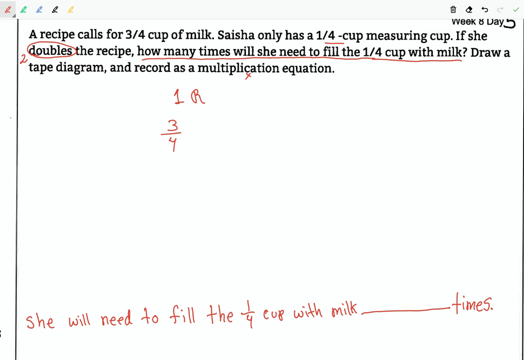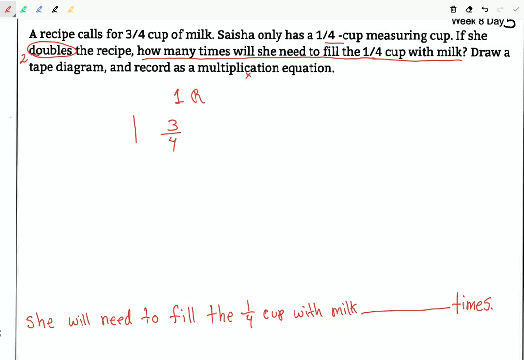So how many times will she need to put milk in that 1/4 cup or measuring cup to make the 2 recipes? Okay, since I am supposed to draw a tape diagram, let me see.